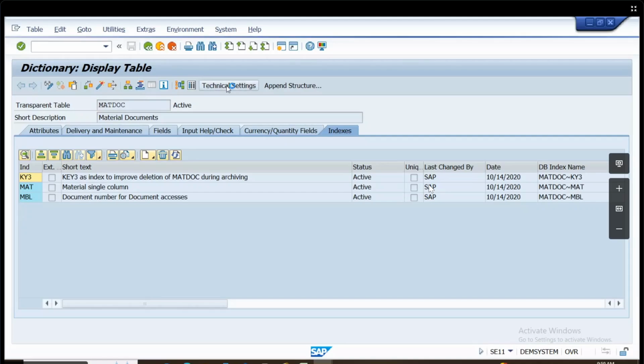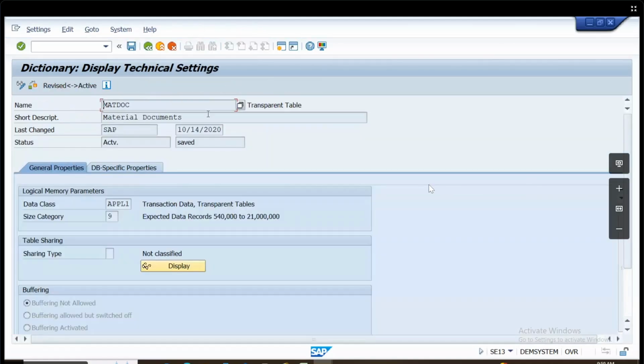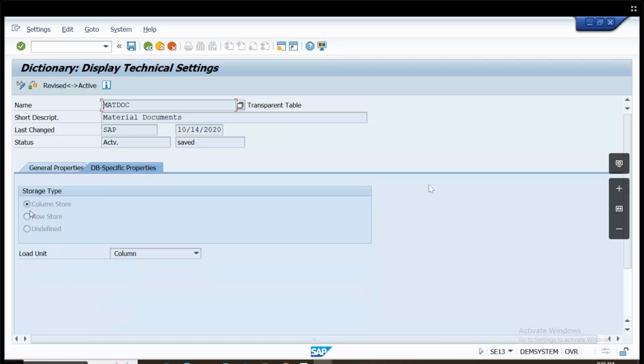If you go to technical settings, you can see here it is a column-based table. Okay. So column-based table, we use this for reporting purpose. So column-based table will help to fetch the data easily.